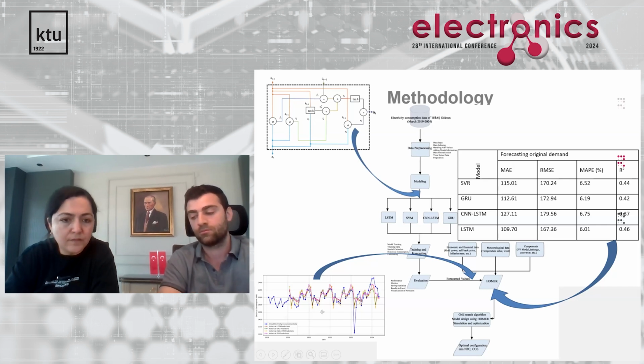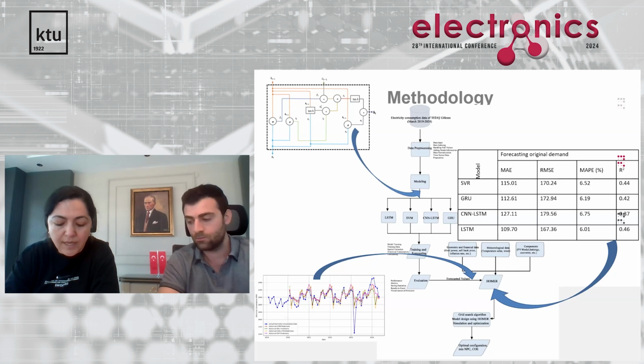The graph compares the electricity consumption data from 2019 to 2024 with the predictions made using various machine learning models. On the graph, actual electricity consumption data is represented by the blue dots, and the model predictions are shown in different colors, representing different models such as LSTM, GRU, CNN-LSTM, and SVR.